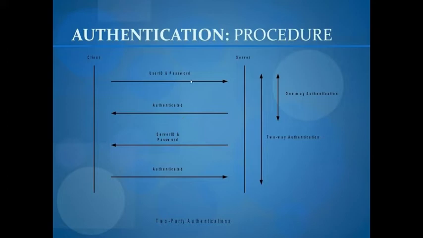The user ID and password are entered on the client side, then the client logs in to the server. The server checks the authentication from the client by the user ID and password. The server authenticates it and replies back to the client.